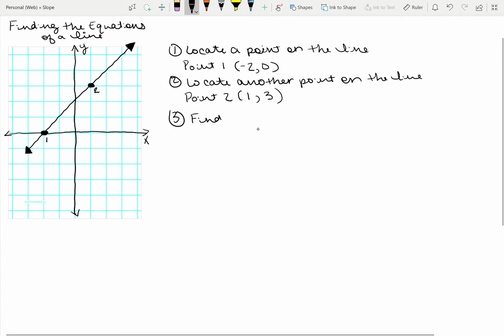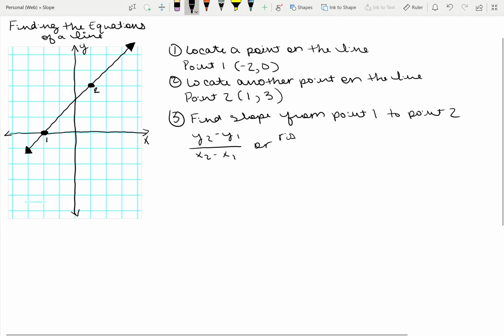Find slope from point 1 to point 2. So either you can calculate using y sub 2 minus y sub 1 over x sub 2 minus x sub 1, or we can use rise over run from point 1 to point 2.